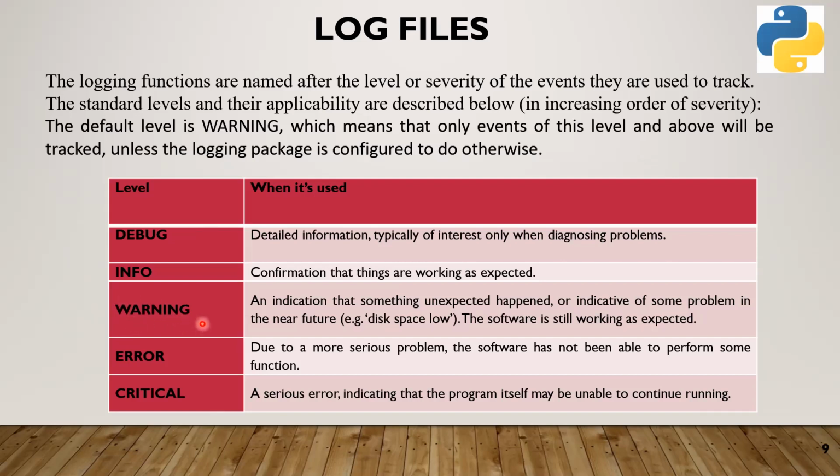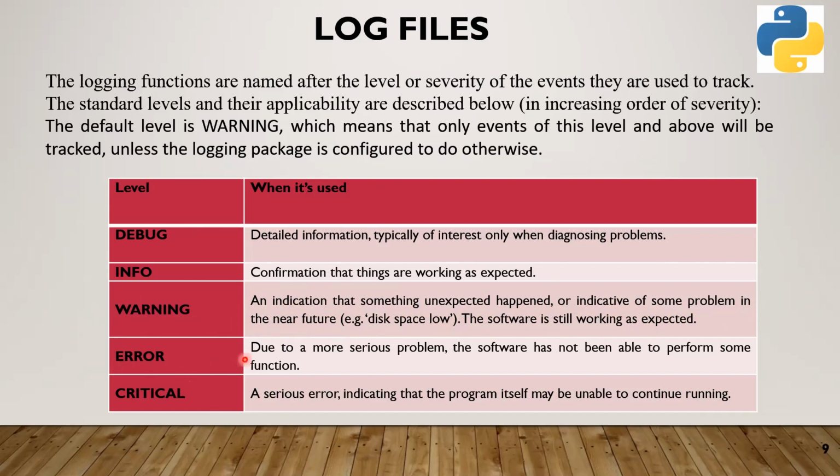When you want warnings, that means an indication that something unexpected happened or indicative of some problem in the near future. Maybe in future you may get a problem related to this, so it just gives you a warning. The software is still working. Whenever the warning is given, the software still works, it doesn't stop.